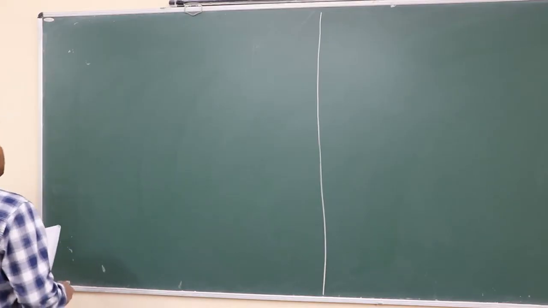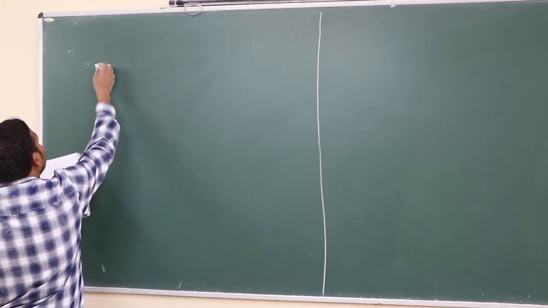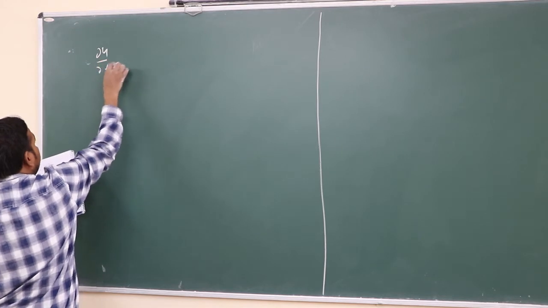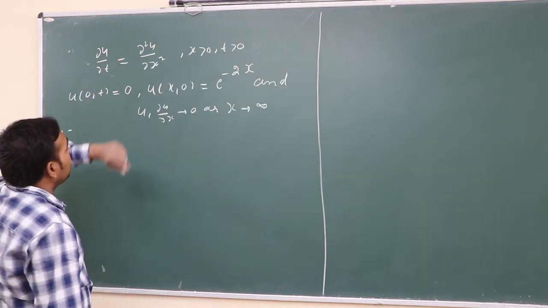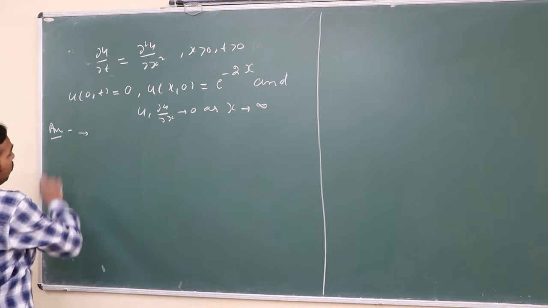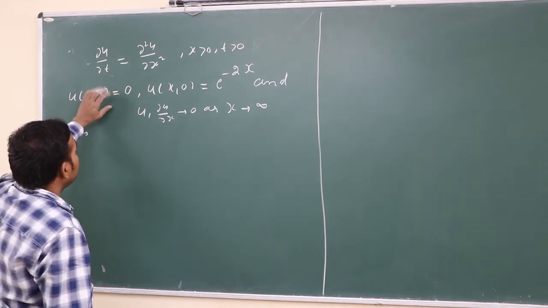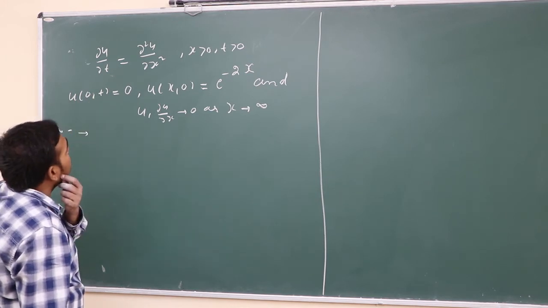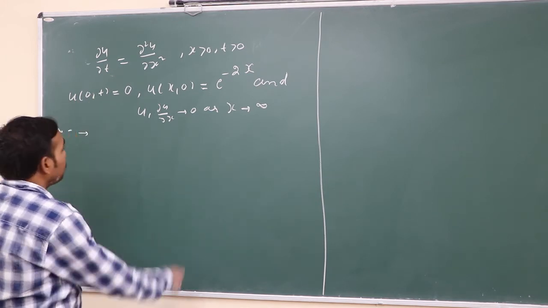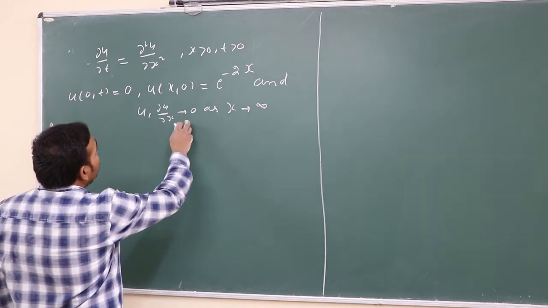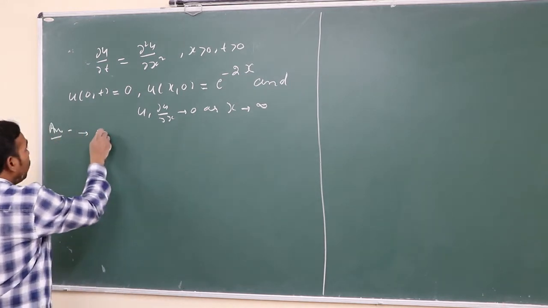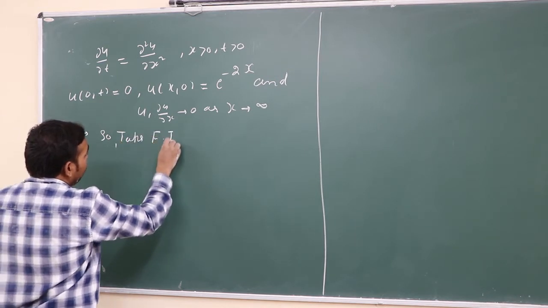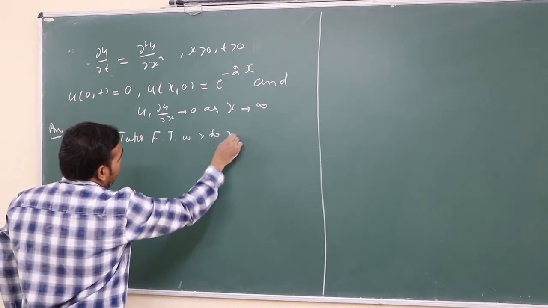In this regard, let us discuss one more problem: find the solution of this heat equation, del u upon del t equal to del square u upon del x square. First try to understand with respect to which variable we take the Fourier transform. Here x goes from 0 to infinity, so we take the Fourier transform with respect to x.